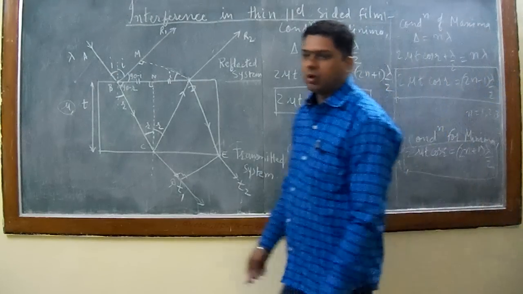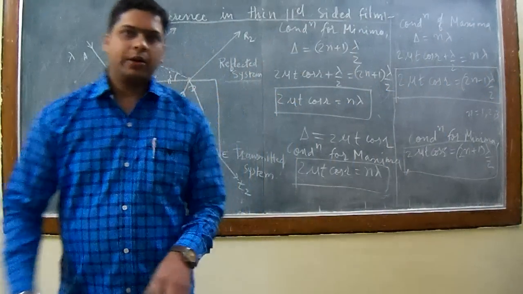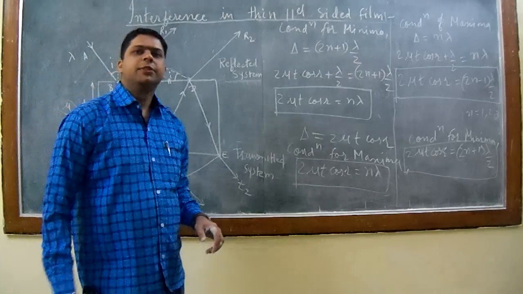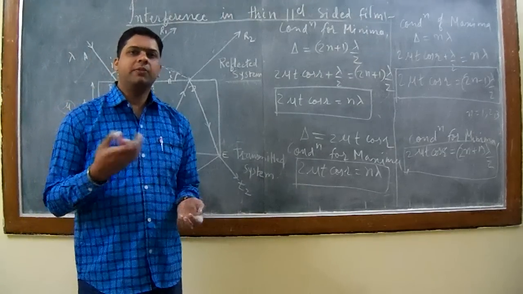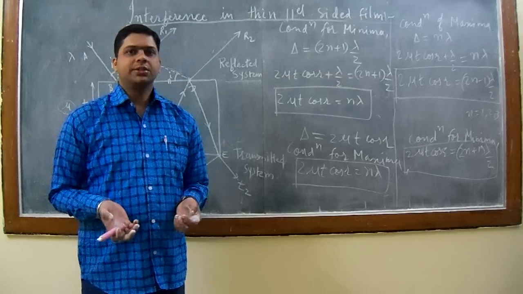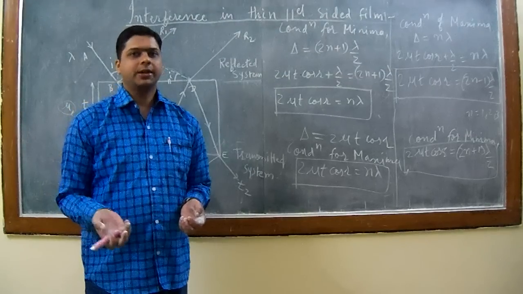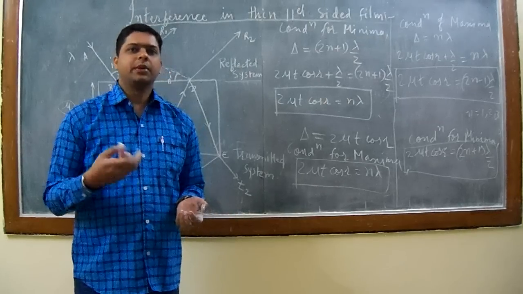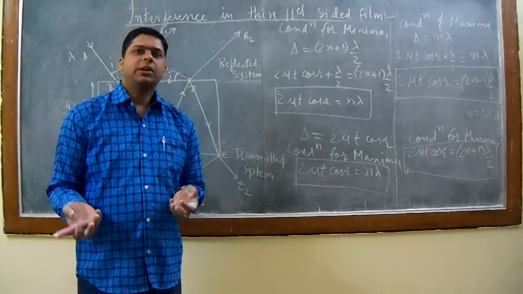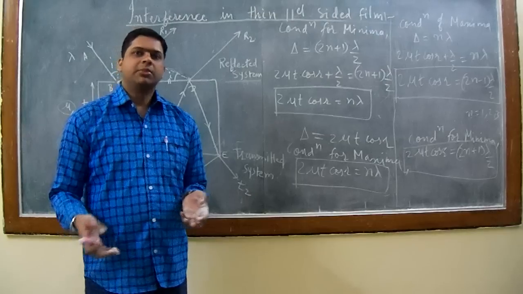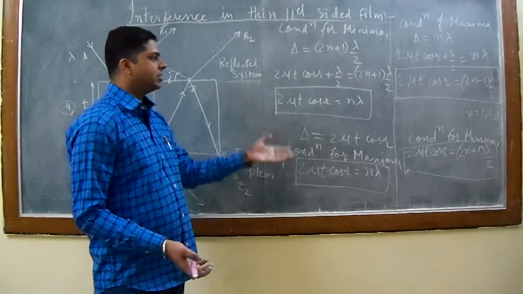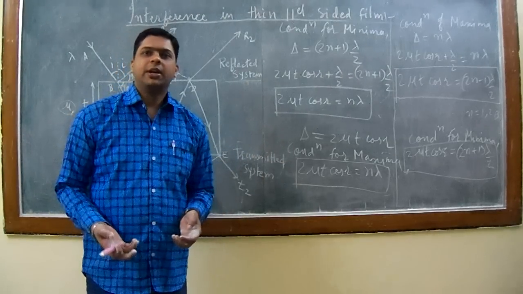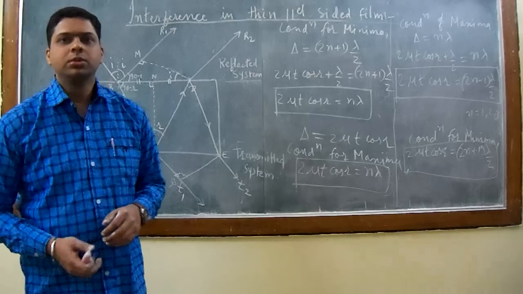It means that if you observe a point in the reflected system and it appears bright, the same point observed in the transmitted system will appear dark, and vice versa. If you observe a point in the reflected system and it appears dark, and the same point is observed in the transmitted system, it will appear bright, because the conditions of maxima and minima for the reflected and transmitted systems are just opposite to one another.